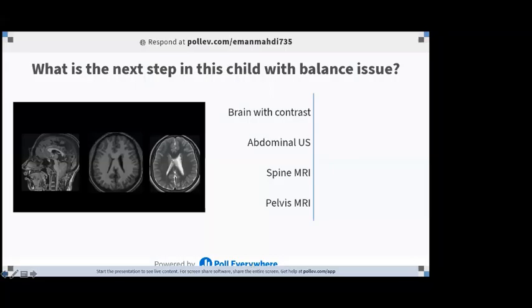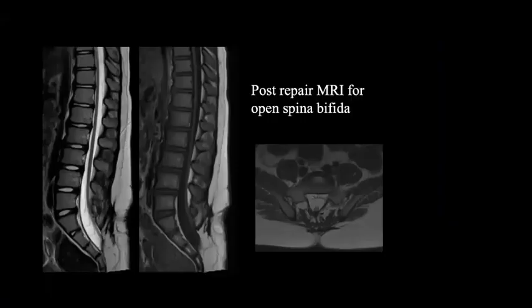Okay, we'll see. So yes, it's spine MRI, and for the reason that this case is Chiari-2 malformation, there are certain findings that would tell you from the brain MRI that this is Chiari-2 malformation. If that baby is just born, then you will definitely need the MRI.